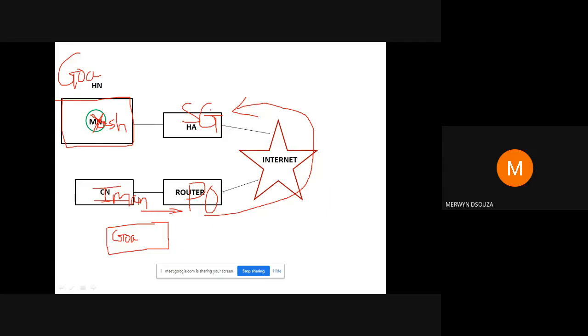When the postman reaches the security guard here, the security guard will check for whom this letter is intended. When he finds that the letter is intended for Yash, he will check whether Yash is present inside this complex. If Yash is present within this complex, this letter will be forwarded to Yash.